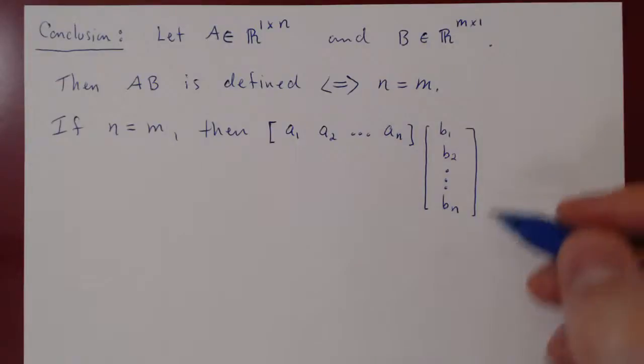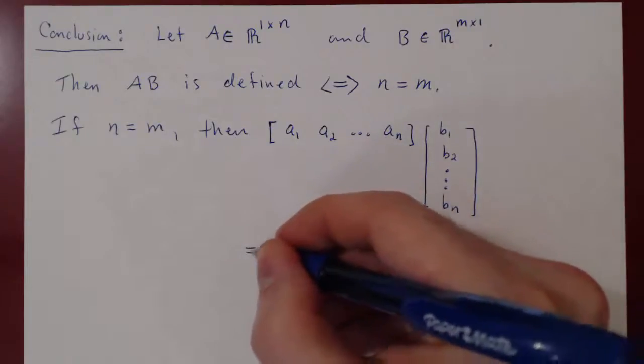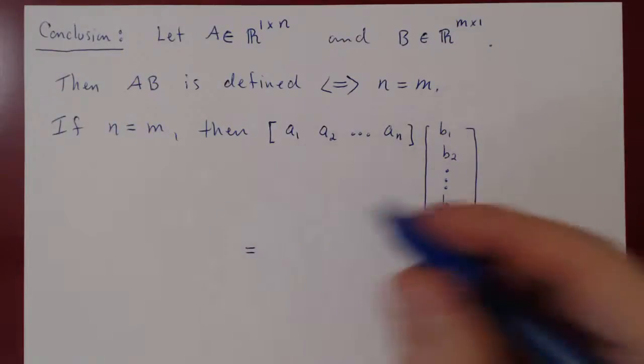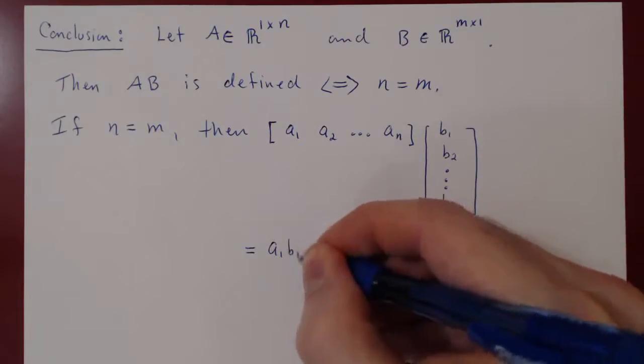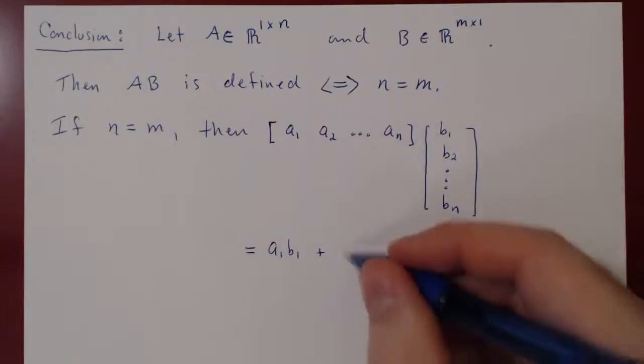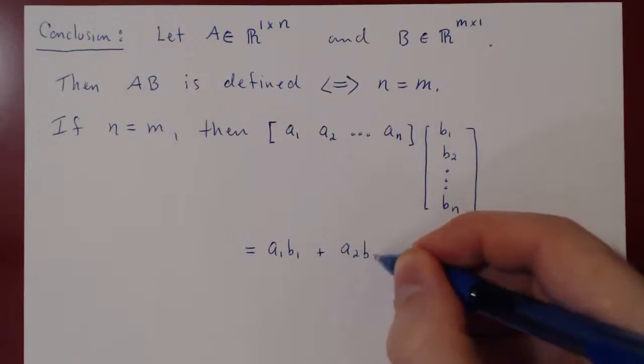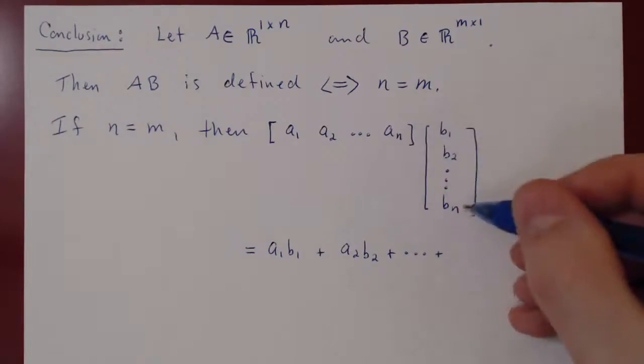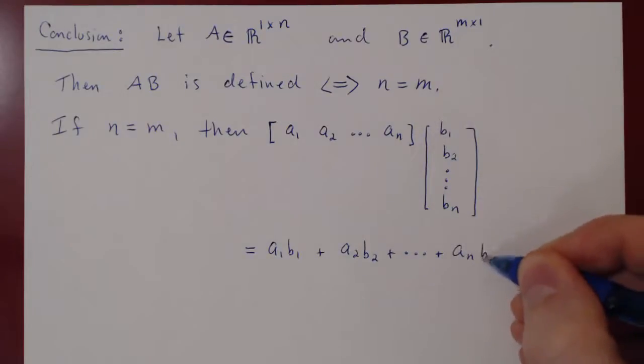And how do we perform this multiplication? We multiply corresponding entries and we add them up. So A1 times B1 plus A2 times B2 plus A3 B3 plus up to An times Bn.